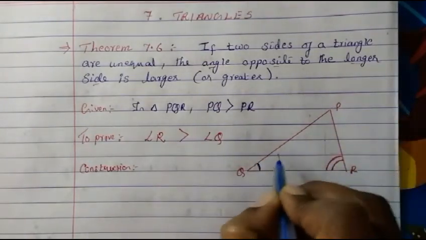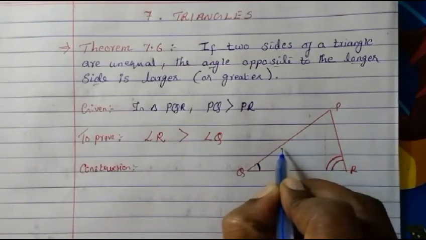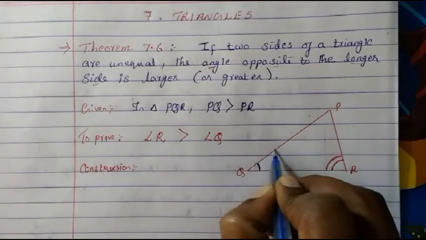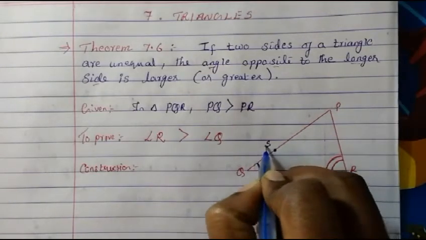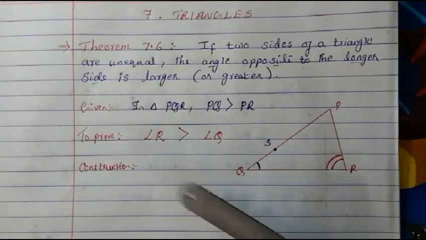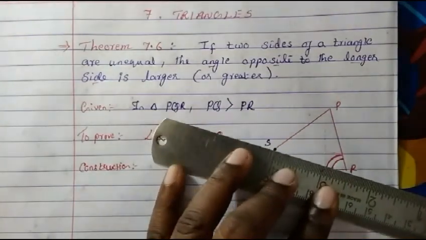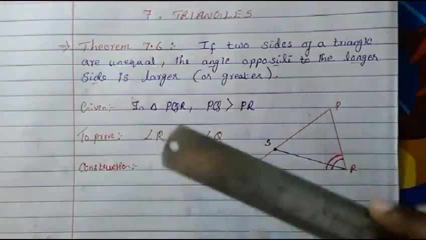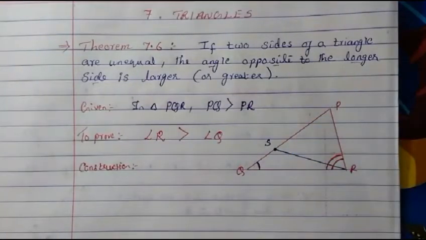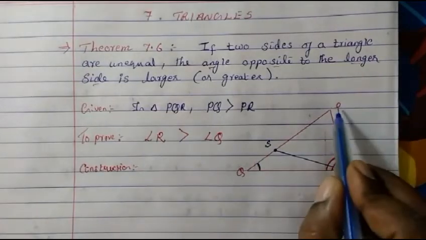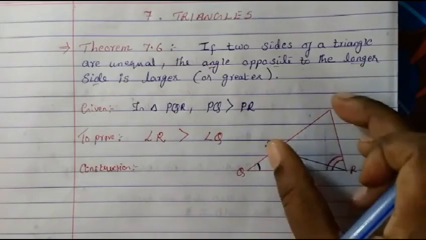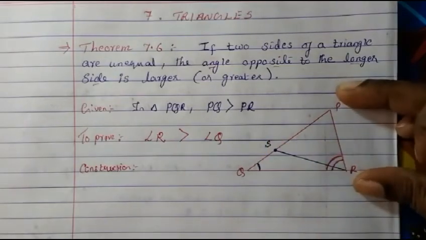We will take a point here somewhere and name it S. Let's join that point with R. Now we have constructed triangle PSR, with the point taken such that PS is equal to PR.